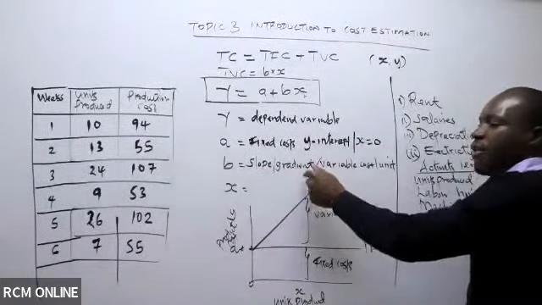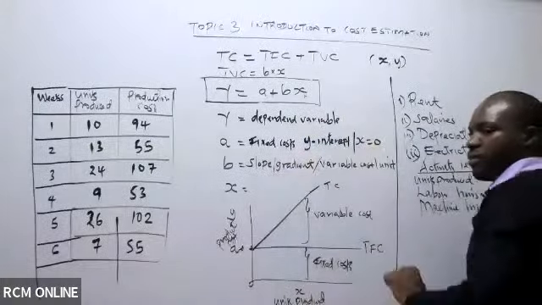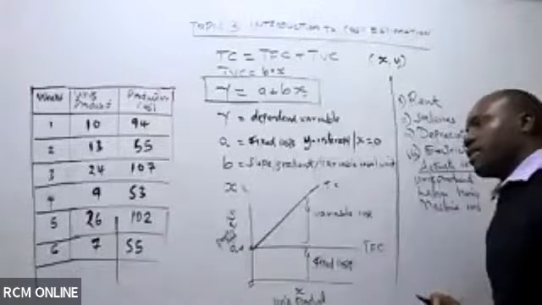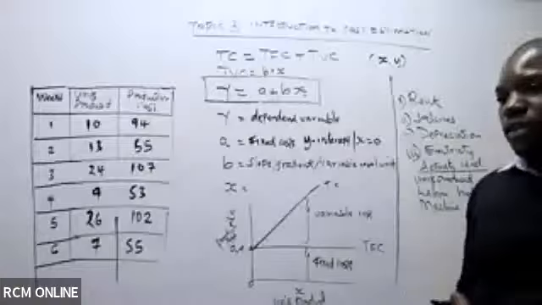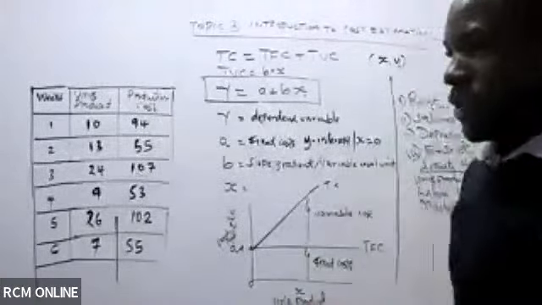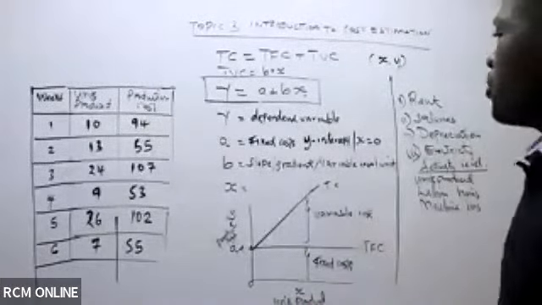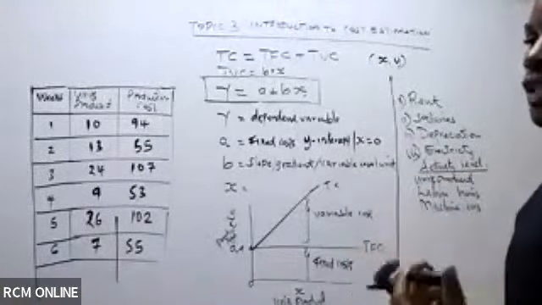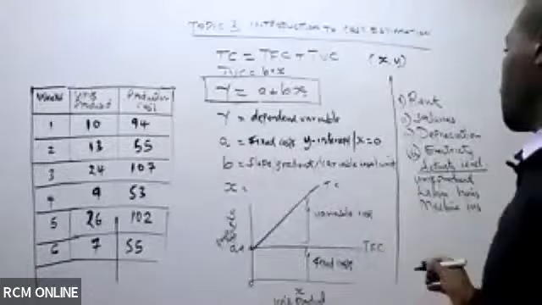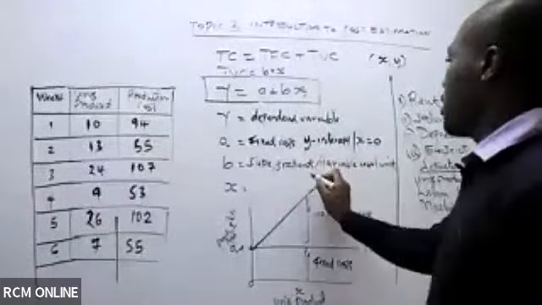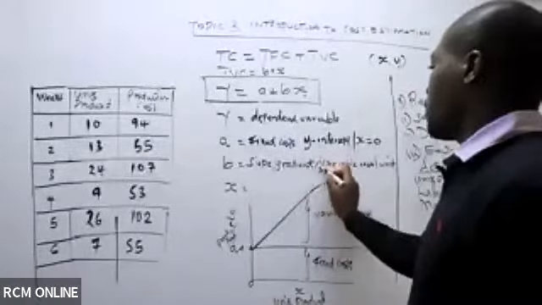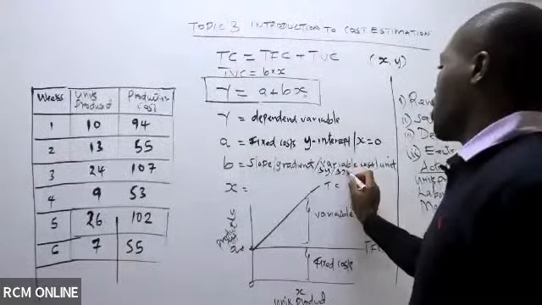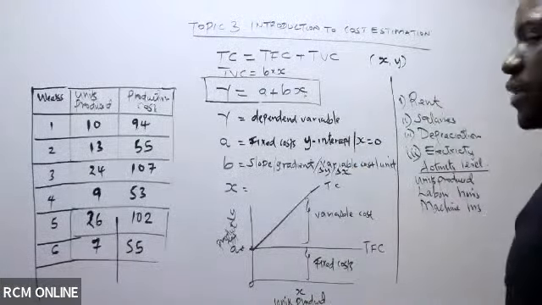Now, how do you normally get gradient? You can pick that concept from your mathematics or economics knowledge. How do you normally get the slope or gradient of a curve? It is change in Y over change in X. So how do we get B? It is change in Y over change in X. Good.